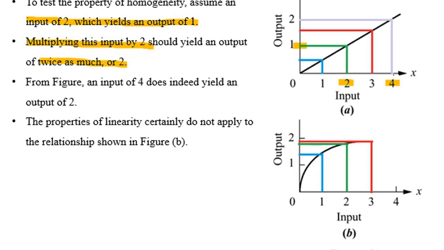And from the graph it is clear that for an input of 4, our output is equal to 2. And certainly the property of homogeneity doesn't apply to figure B. So our system A is linear because it fulfills both properties of a linear system, whereas the system in figure B is nonlinear.